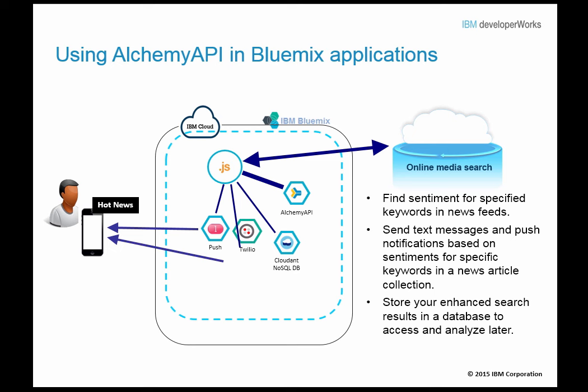Next, based on sentiment analysis, we send appropriate text messages to users' mobile devices using the Twilio service in Bluemix, and send push notifications to users' mobile devices using the push service in the cloud. With the push service, you can send notifications to both iOS and Android devices. We also store the data after running sentiment analysis in a Cloudant database running in the cloud for future analytics.